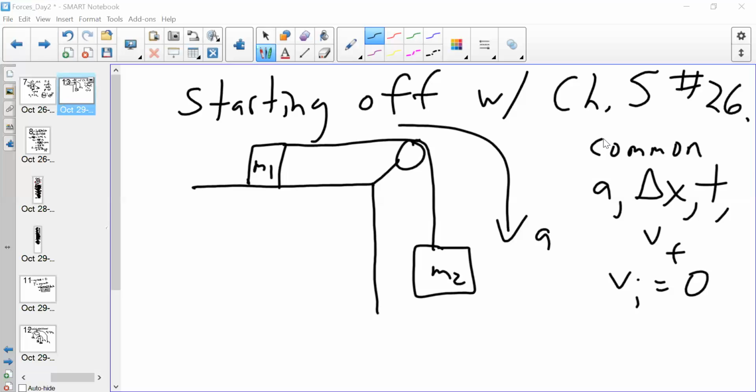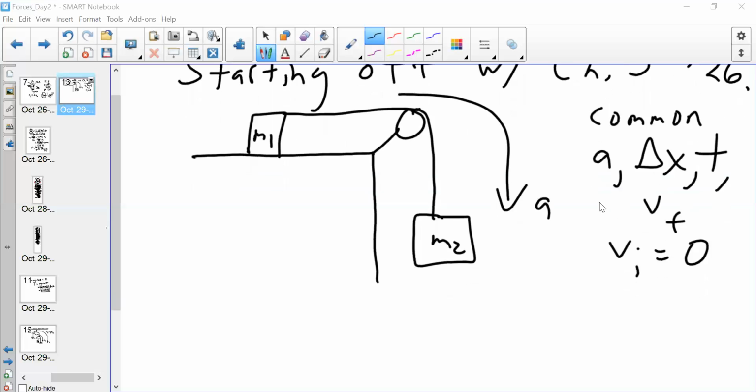And we know that those kinematics equations are based on common acceleration A. And therefore the time will be the same and the final velocity will be the same because of the common acceleration A. And for many of our problems, we can assume that the initial velocity is equal to 0, so it starts from rest. So that's what we saw in problems of this type, like number 26.